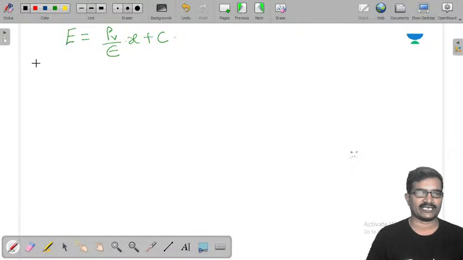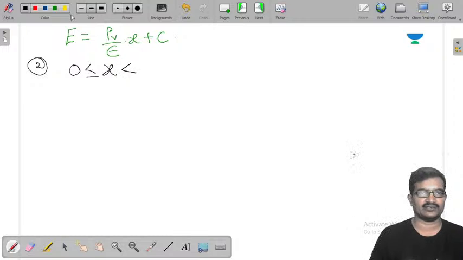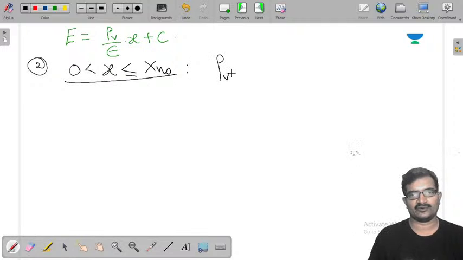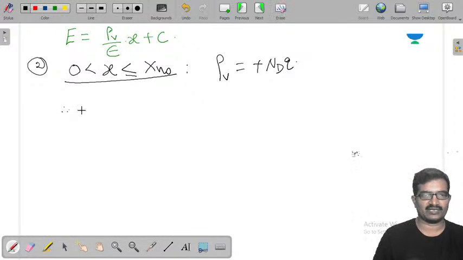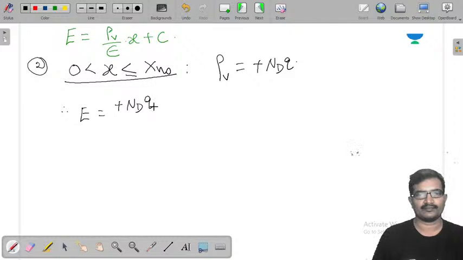Now the second case, the region where 0 is less than or equal to x less than or equal to xn naught. In this region rho v is plus nd into q. Substituting rho v here, E equals nd into q by epsilon into x plus c.